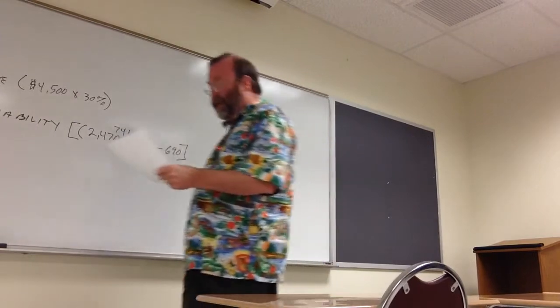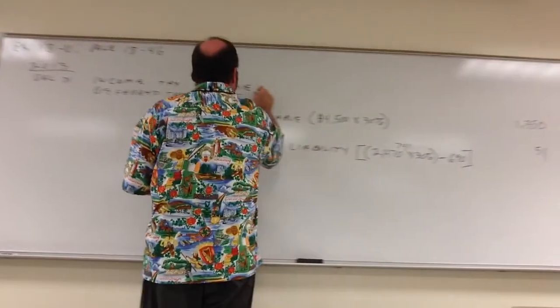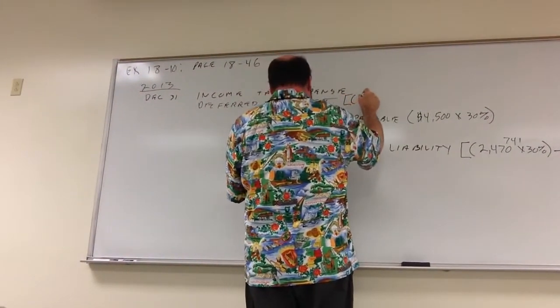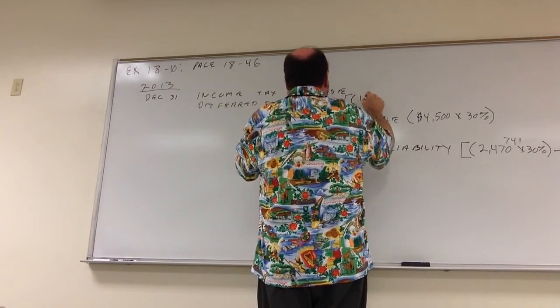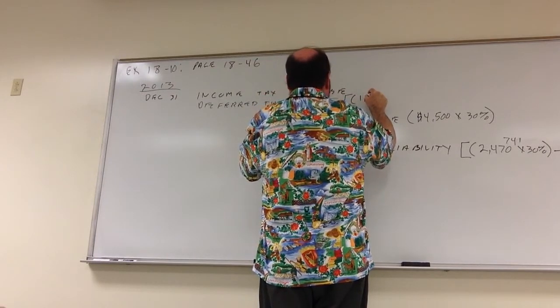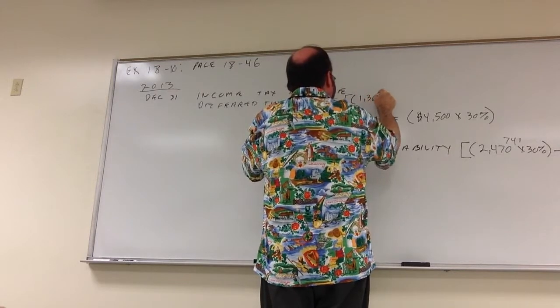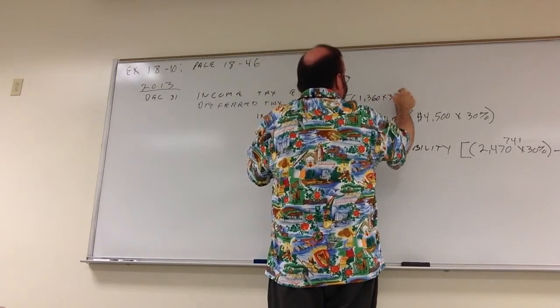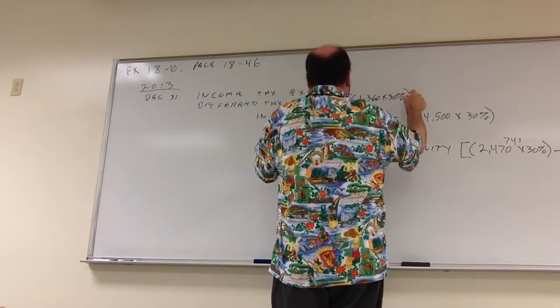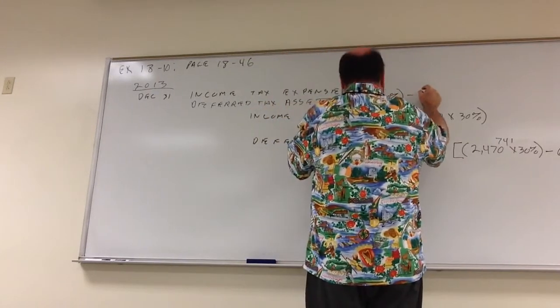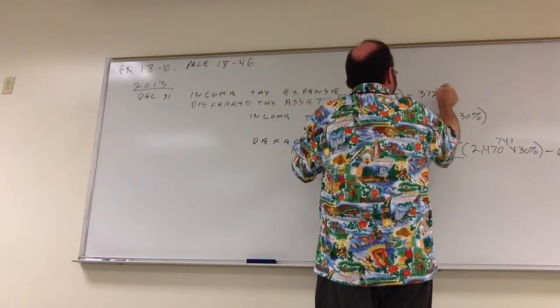The deferred tax asset is going to result in taxable income of $1,360 times the 30%. Minus 372.